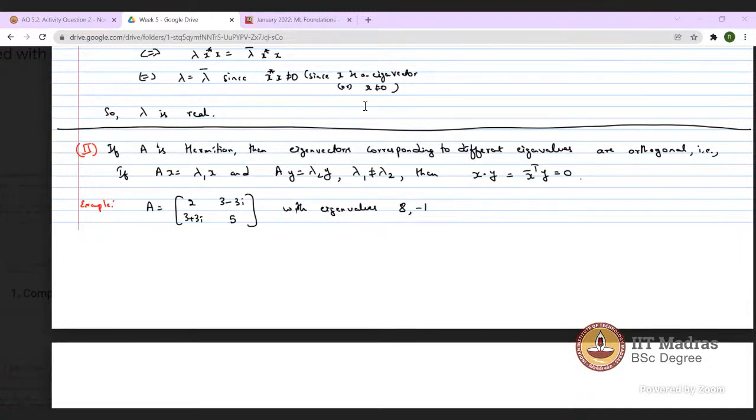No, that is not true. In the sense, if I take A as a real matrix, not a complex one, then that's not going to be the case, because for X transpose times X2 equals 0, the only possible way is if that vector itself is a 0 vector.